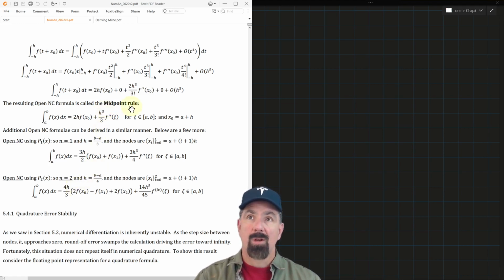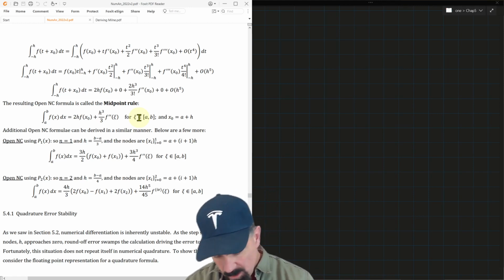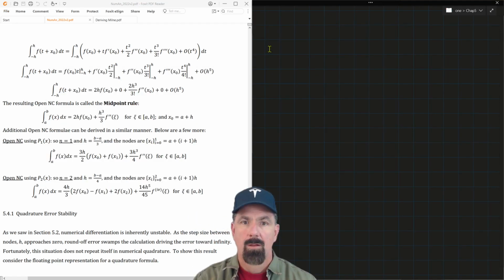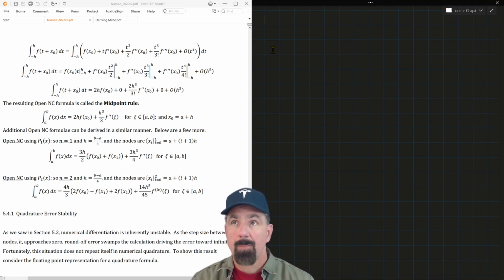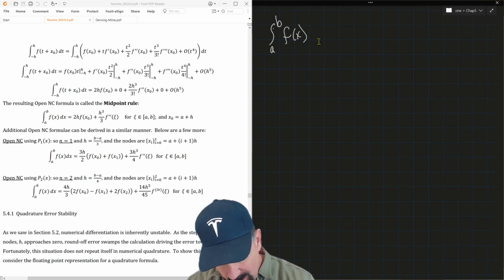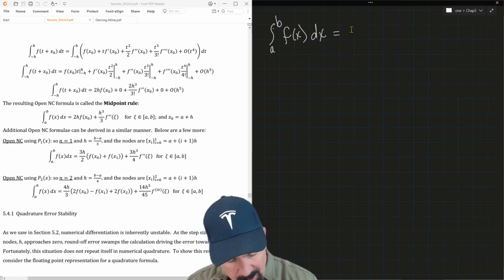So first, what I would like to do is take a look at the open Newton-Cotes method here called the midpoint rule, which again, you're familiar with from calculus. So what we have is an integral. Sorry about that, too many hotkeys. We're going to take a look at the integral from a to b of some function f of x dx, and we're going to approximate that using, like I said, a formula you learned in calculus.